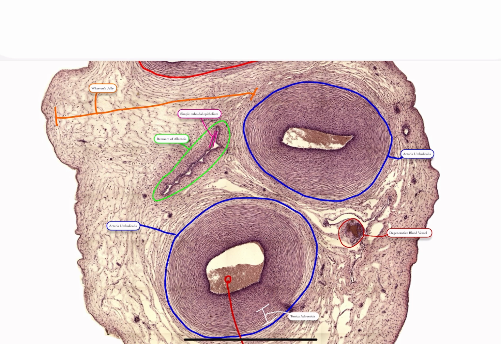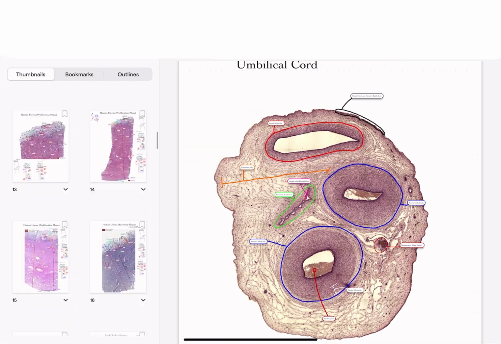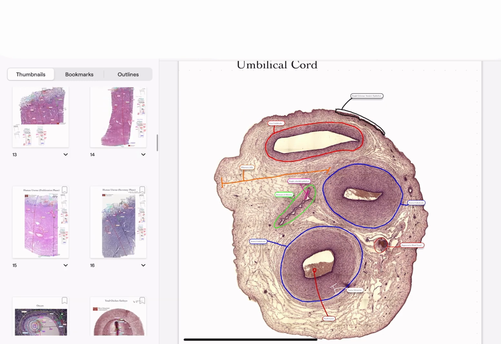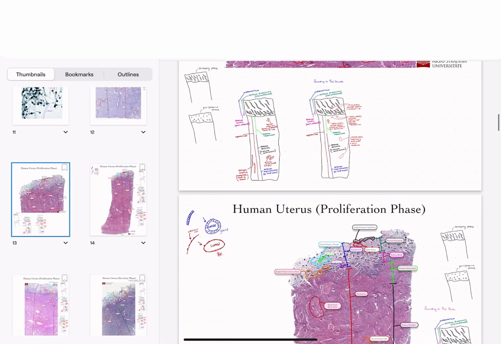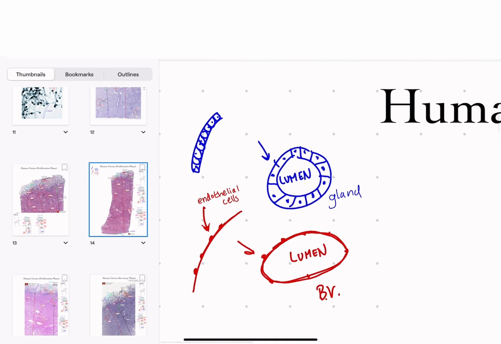Now, the remnant of allantois is a gland, like I said. And if we remember what I said in the previous video where I talked about the difference between a gland and a blood vessel. So here, if we see this beautiful image that I did, the gland has a border that is thick and looks a lot darker than the border of the blood vessel.